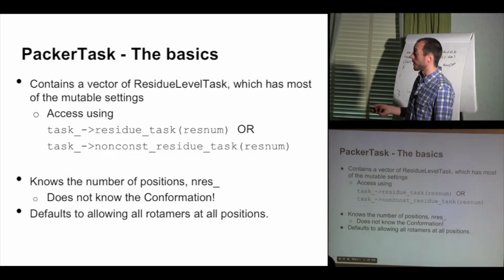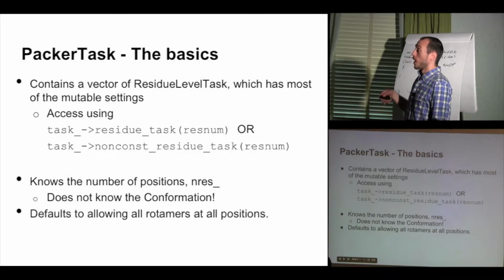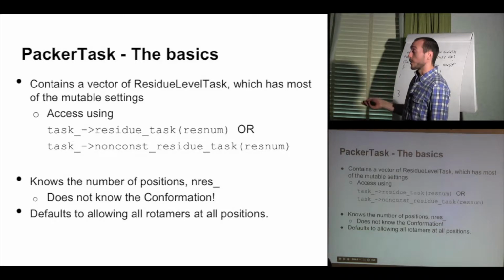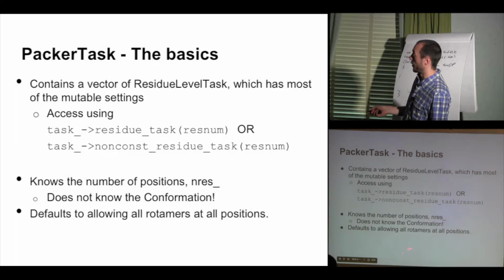Some important things to know are that the PackerTask knows the number of residues you have in a given pose, but it doesn't have access to the conformation directly. As we'll see later, when the task operation modifies the PackerTask, it gets a pose. So any relationship between the conformation and the residues needs to happen at the task operation level.